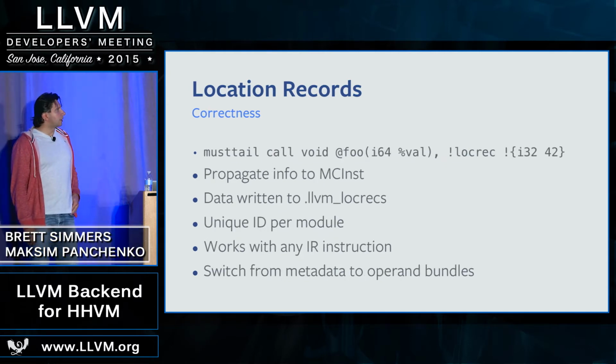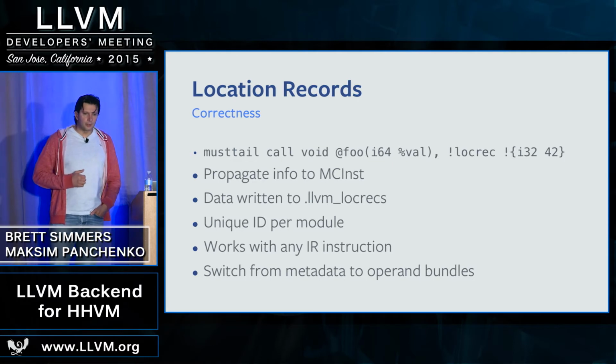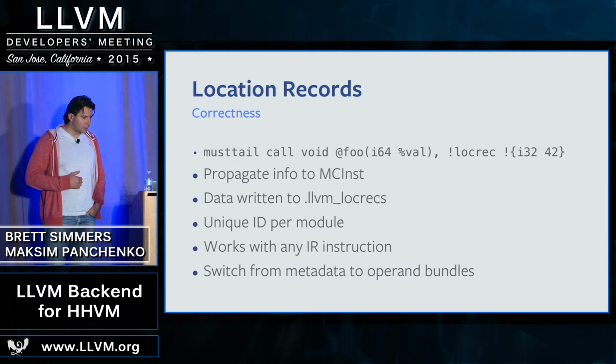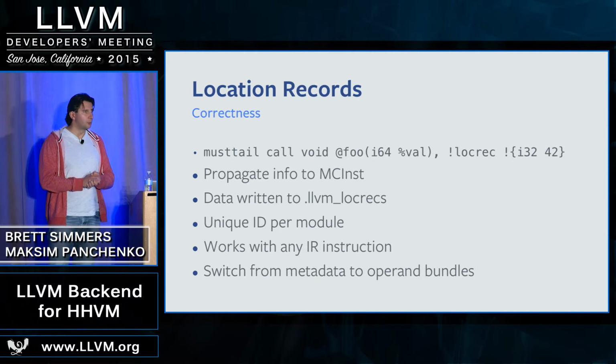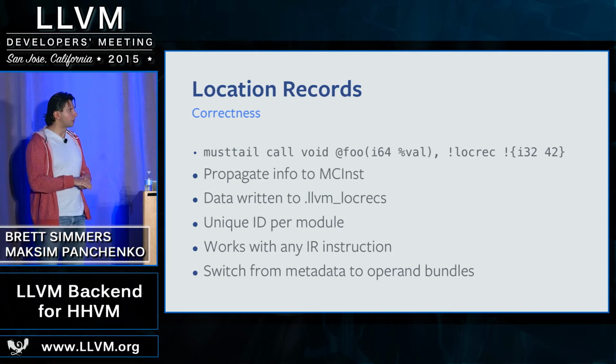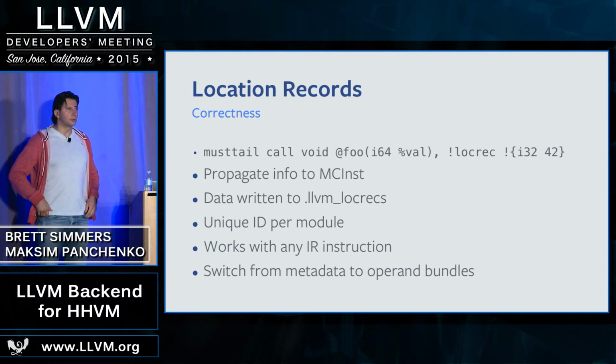To implement location records, we used metadata. At the time, we are switching to perhaps operand bundles before upstreaming. But the first line shows the way it worked in the LLVM version that we implemented it first. It was 3.5. So at the call side, you specify metadata and you attach an I32 value to it.